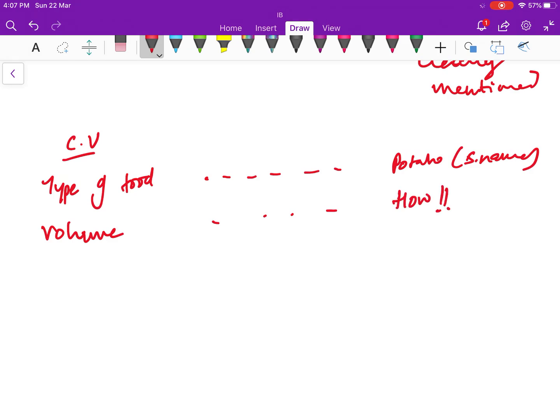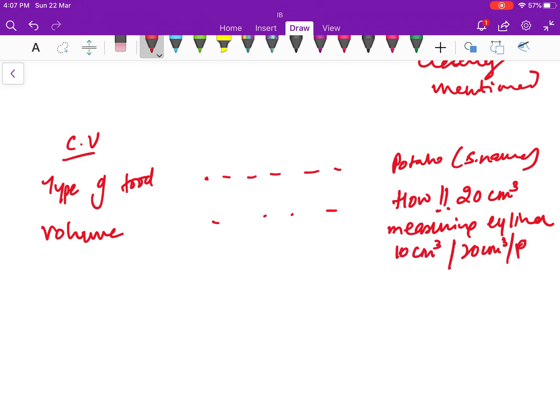How much? If it is 20 cm cube, how did you control it? By using a measuring cylinder? Did you use a 10 cm cube or a 20 cm cube measuring cylinder, or did you use a pipette? It should be mentioned here. You can't just leave it as standard volume. How much it is and how you measured should be clearly mentioned.